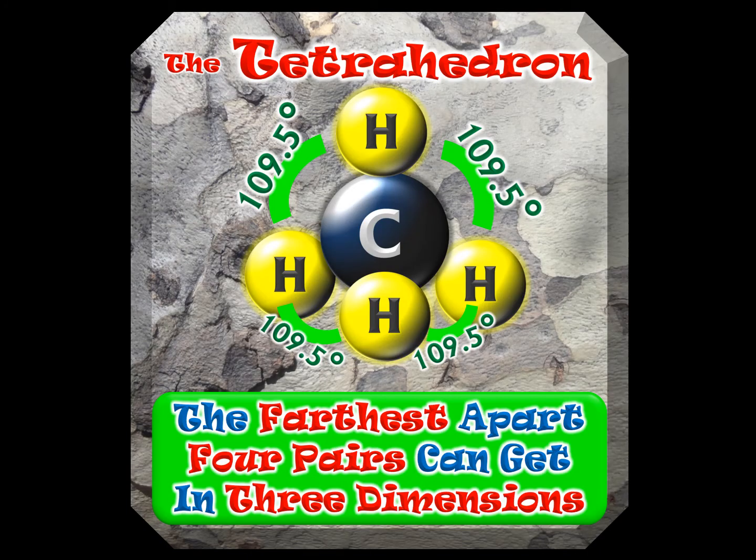So the tetrahedron is a very important shape, and you can think of most molecules as being based upon this template with a 109.5 degree angle. And that's as far apart as those four bonds can be, and it winds up being as far apart as those four hydrogens can be from each other as well, because the bonds are what are positioning them around the central carbon atom.